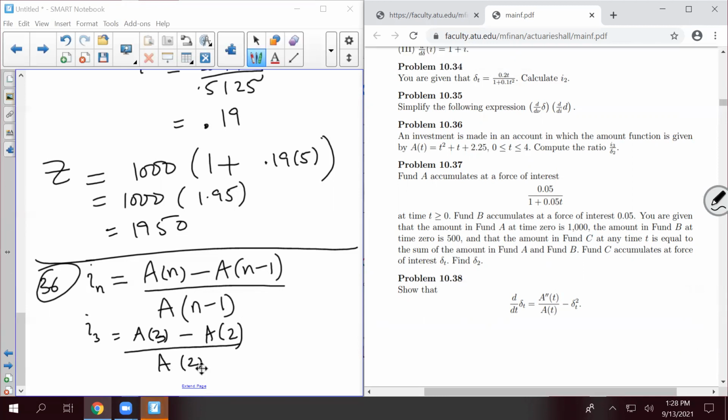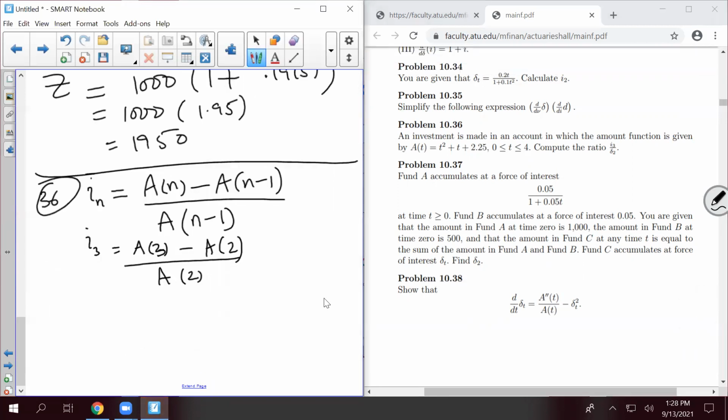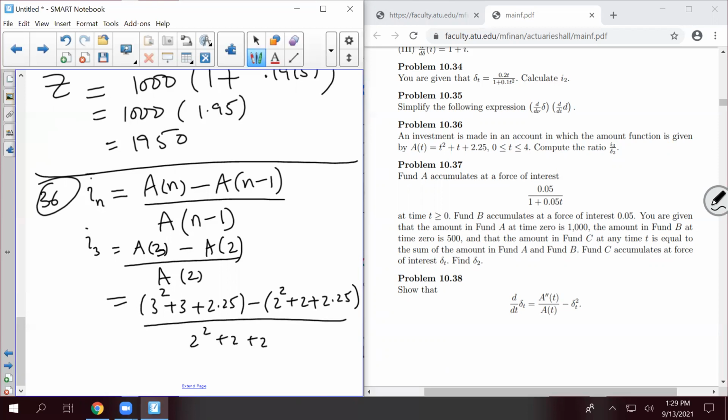How did you figure out that you need to use these effective interest rates? Because they want the ratio I3 over delta 2. So I'll calculate I3 and I'll calculate delta 2. For I3, I have this formula. A of 3 is 3 squared plus 3 plus 2.25, minus A of 2, which is 2 squared plus 2 plus 2.25, over 2 squared plus 2 plus 2.25.